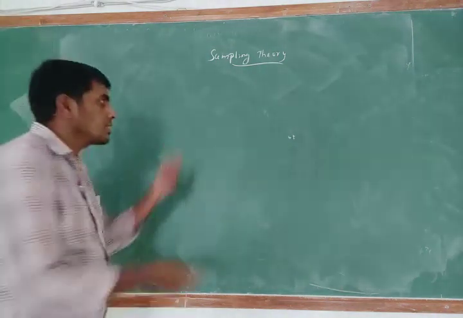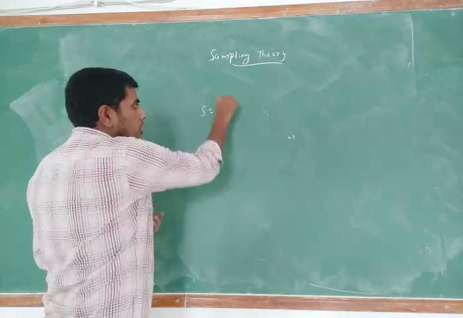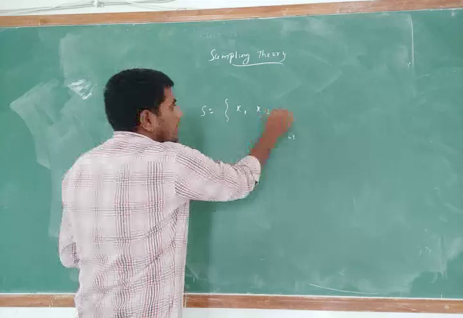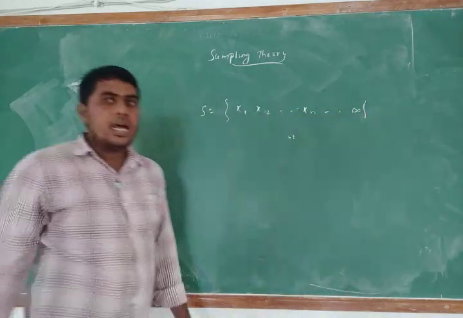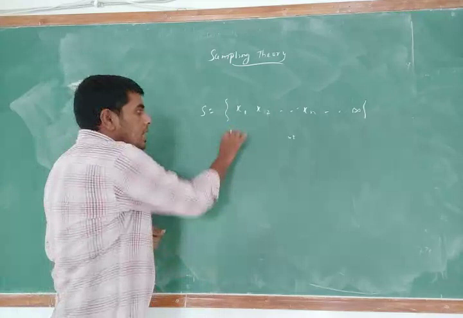A large number of individuals can be considered as x1, x2, and so on up to xn, a large number of individuals, as a population.